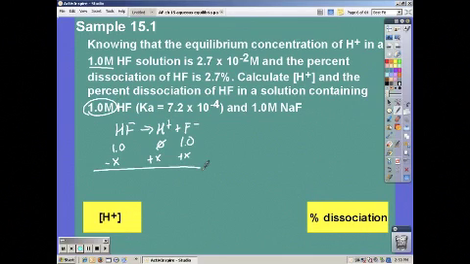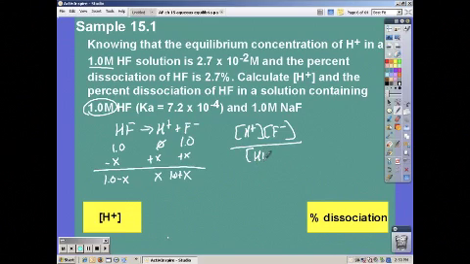Then you do a regular ice table. But just notice we have to include the 1 plus X for fluorine since we already had some due to the soluble salt breaking up.